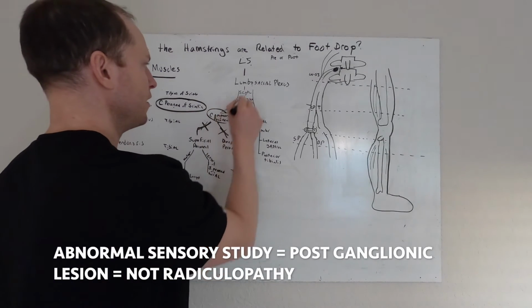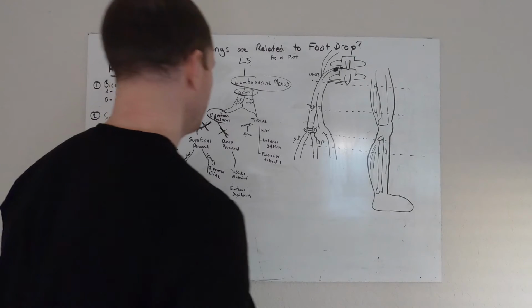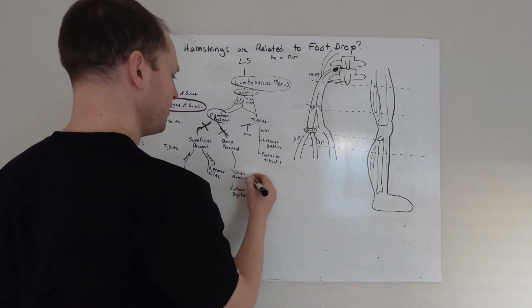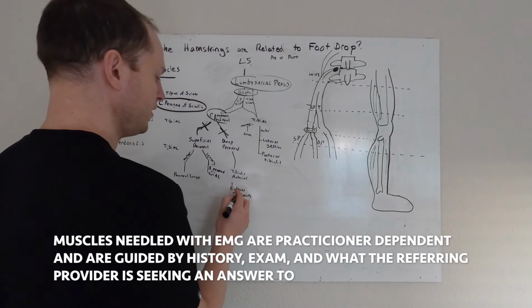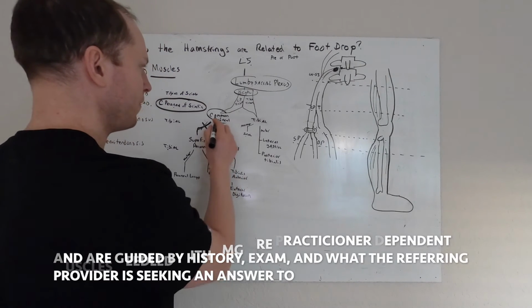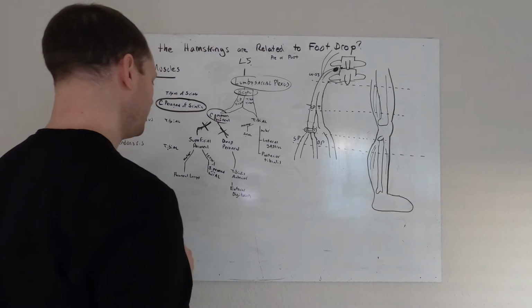So we're thinking here, sciatic nerve here, or lumbosacral plexus here. So you're going to needle certain muscles. We're going to needle the tibialis anterior, the peroneus longus, the extensor digitorum. So these are all muscles that come off the common peroneal nerve, and so they're all going to be abnormal.